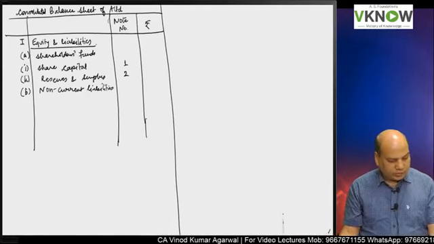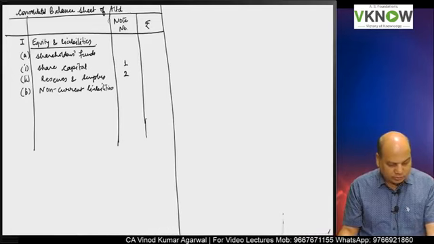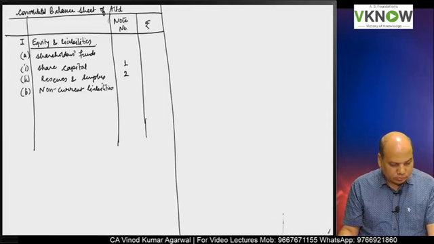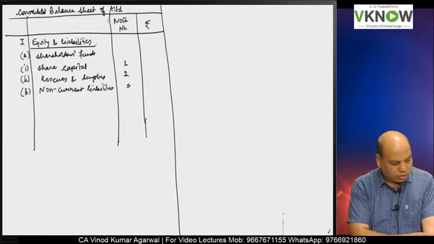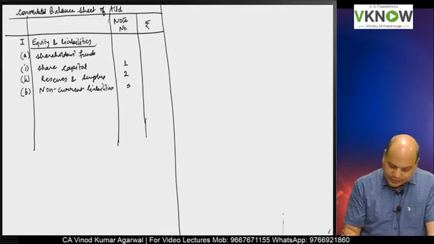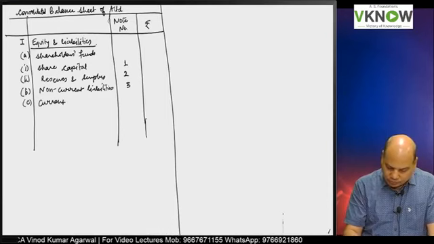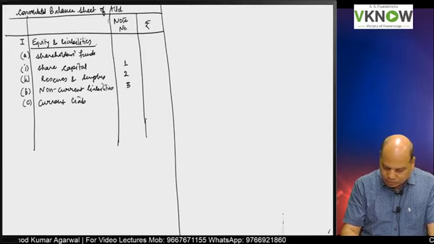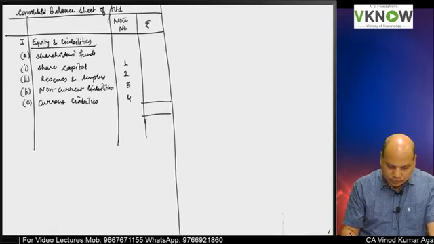Point number 3, non-current liabilities. Okay. Note number 3, non-current liabilities. Point number C, write down current liabilities. Note number 4. Then we'll take total.